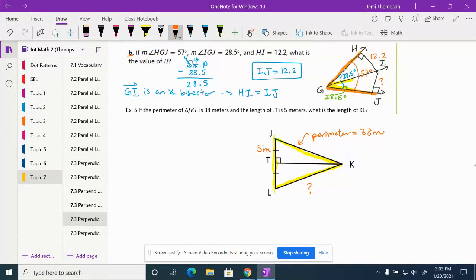Let's see, a couple of things we know. We know that JT is congruent to TL, so this is also 5 meters. Which tells me that KT is a perpendicular bisector. It's perpendicular and it bisects JL.